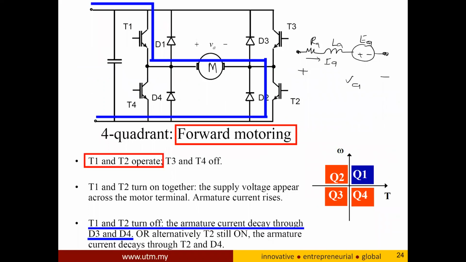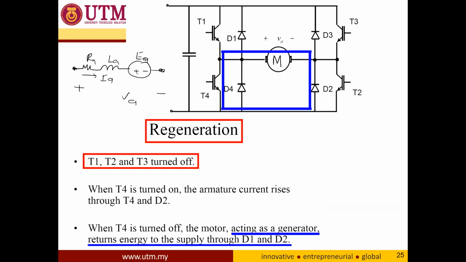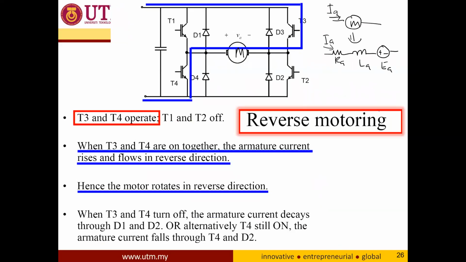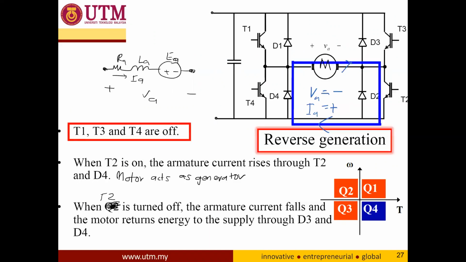The explanation is similar to the explanation for the first quadrant and second quadrant. I leave it to you to go through these slides on how it operates. I don't want you to be confused: this motor is comprised of this circuit, Ra, La, and also the back EMF.